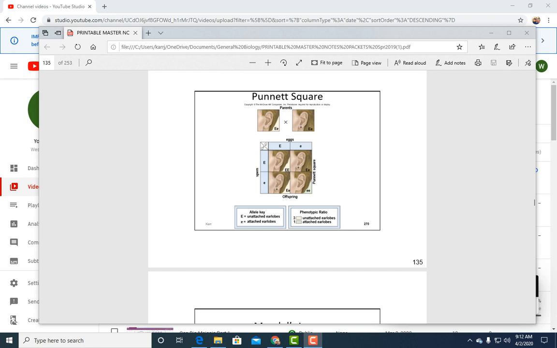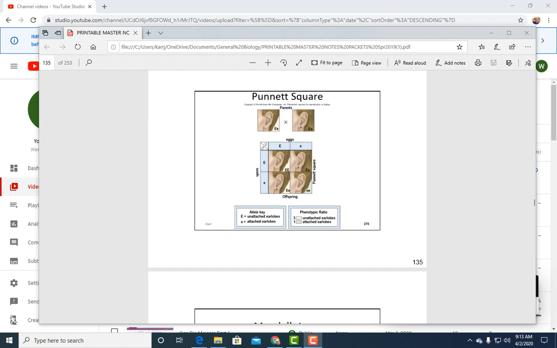So if you look at yourself in the mirror, for example, if you have attached earlobes, that means you are homozygous recessive for that trait, and you're going to see that kind of horizontal straight line at the end of the earlobe going right into the side of the head.